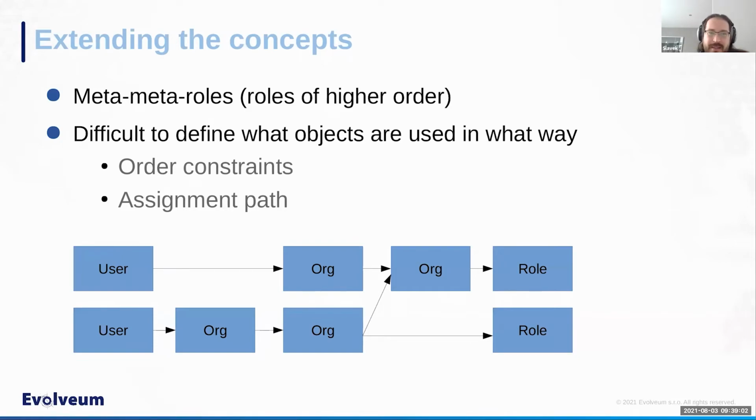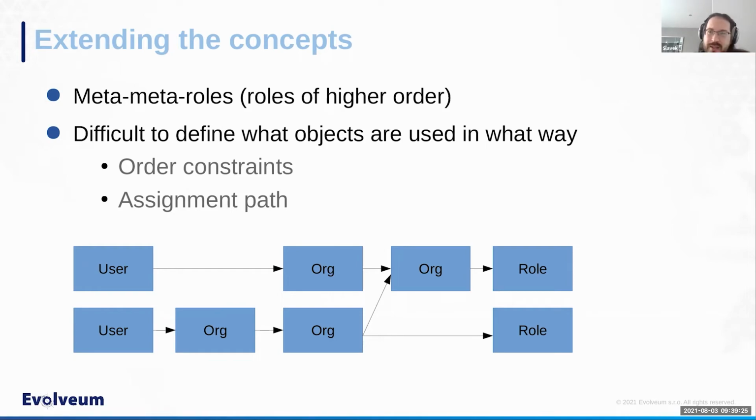And you can work with that. And we have something which is called assignment path, which is the path going from the first object, which is usually the user, to end objects, which might be org or a role. For example, I have a role in this example, and you can go through all the assignments, all the objects on the assignments, and define any arbitrary rules.